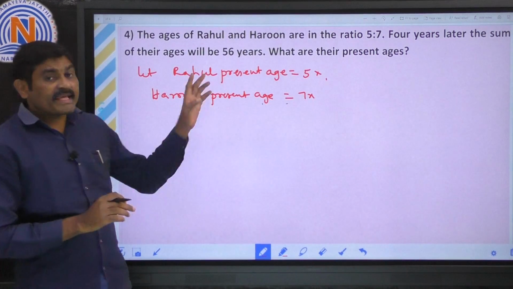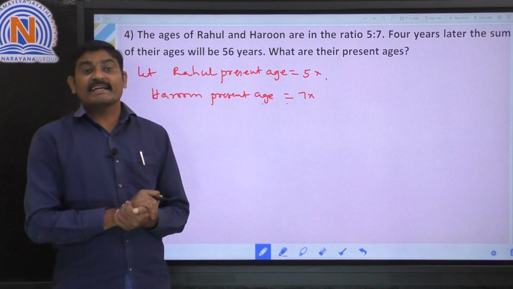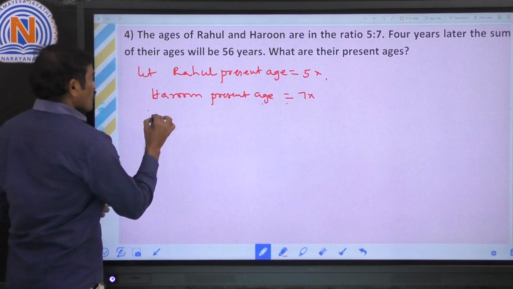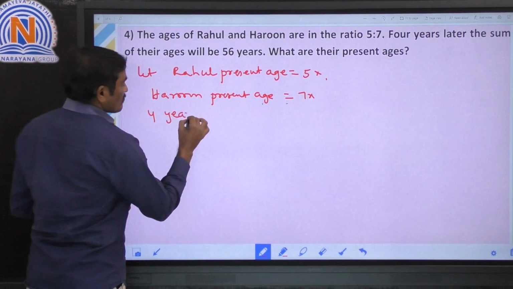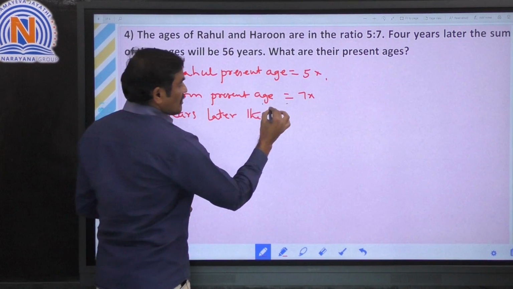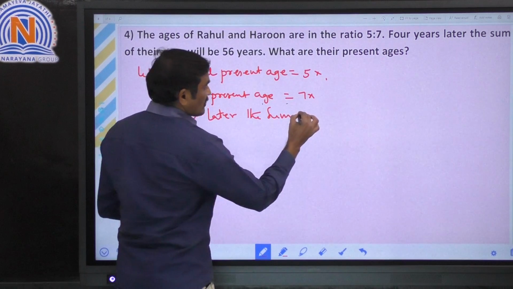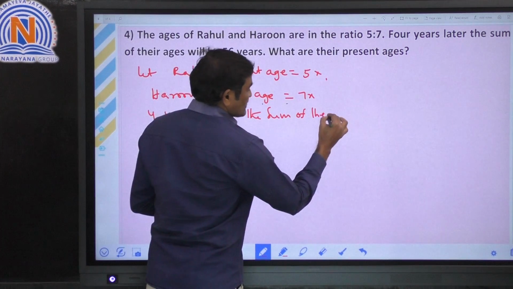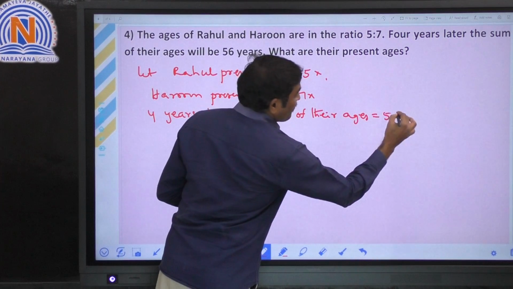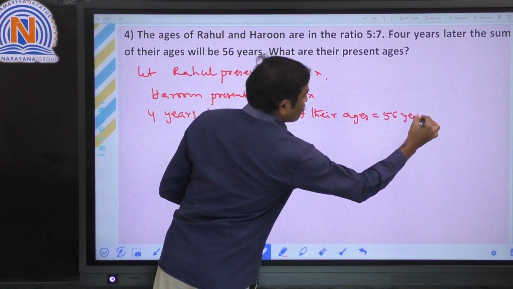Okay, 4 years later, the sum of their ages will be 56 years. 4 years later, the sum of their ages is equal to 56 years, given.